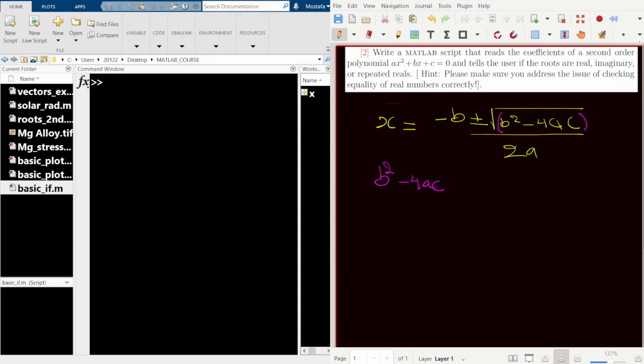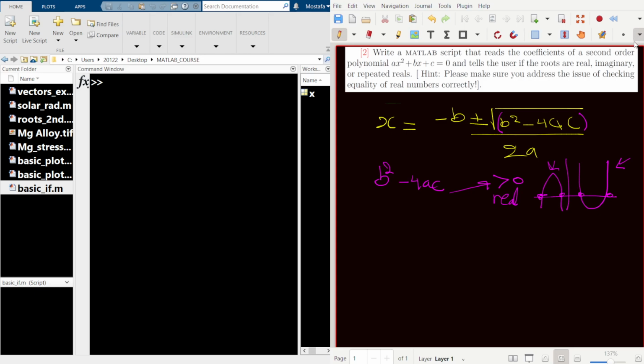Let's analyze the different cases. If this is greater than 0, that means the roots are real. Graphically this looks like this, maybe a second order polynomial like this, or maybe one like this. And this is a root and this is a root for this polynomial.